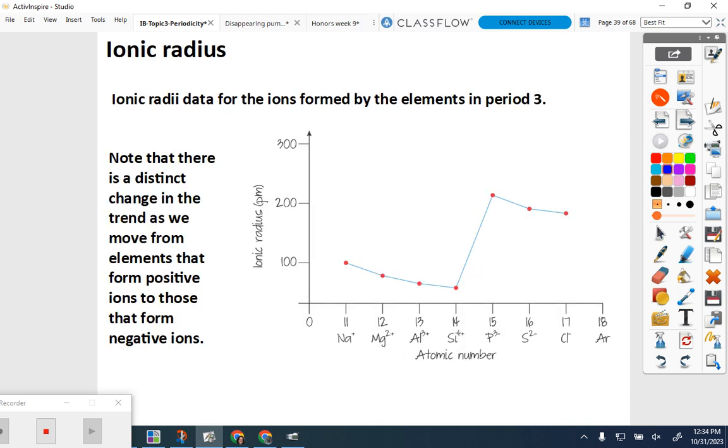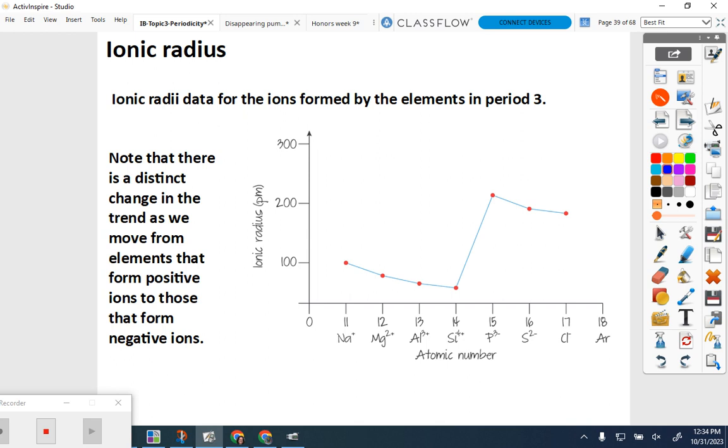And you will see this if you look at a graph. This is the kind of graph that you might have to recognize or produce on a paper 2 question. Looking at the trend in ionic radius, again, we're just looking at period 3, going across from sodium to argon.